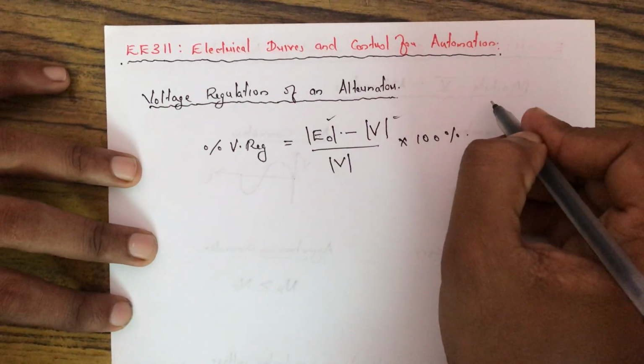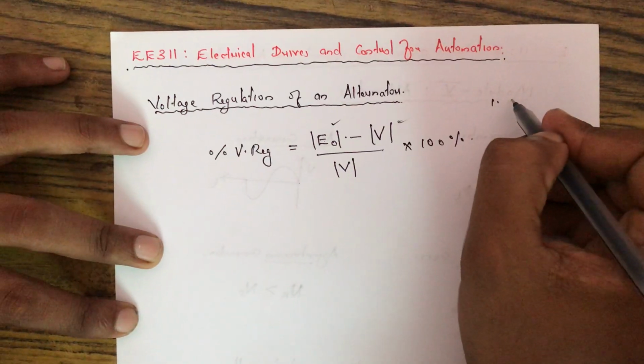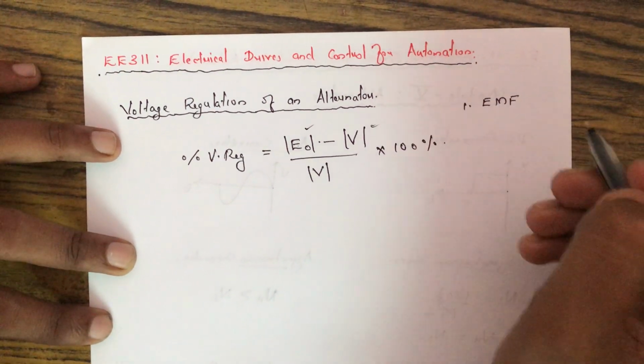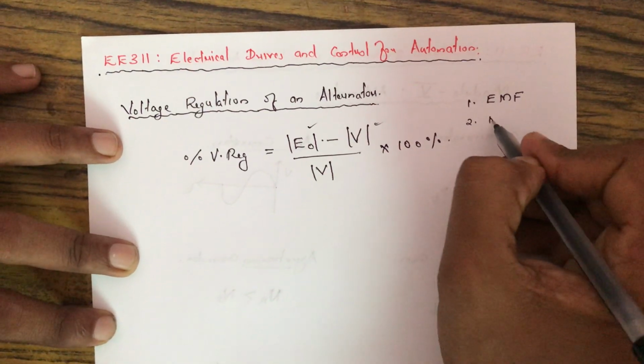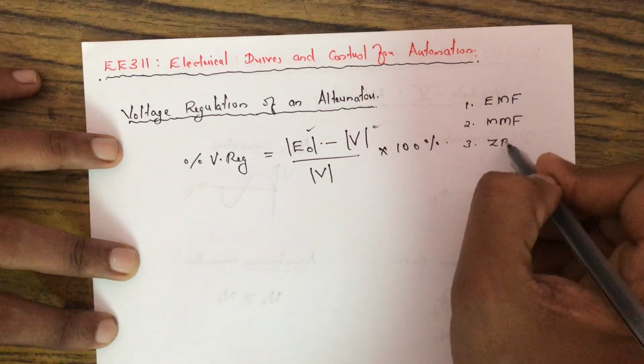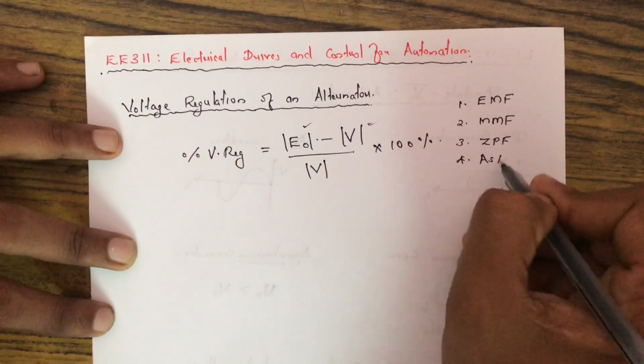Therefore we have to go for some other methods. There are 4 methods for finding the voltage regulation of an alternator. The first one is the EMF method, the second one is the MMF method, the third one is the ZPF method, and the fourth one is the ASA method.